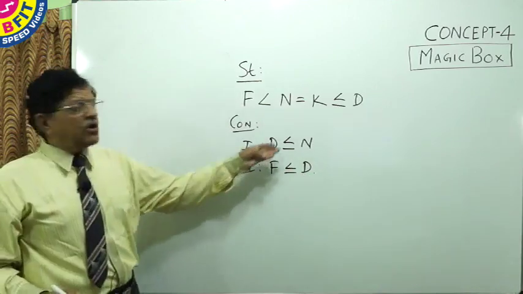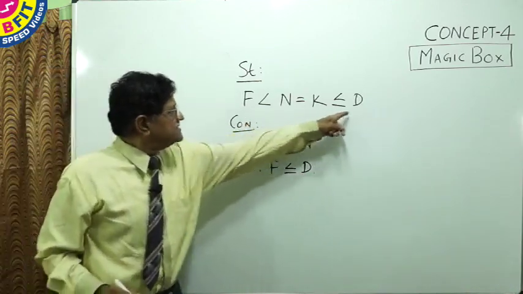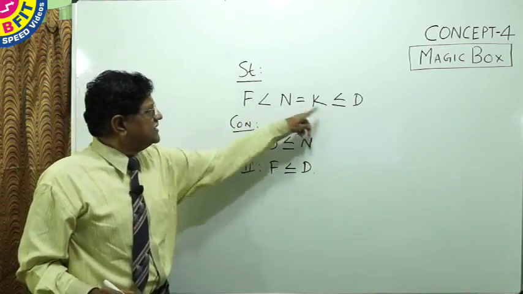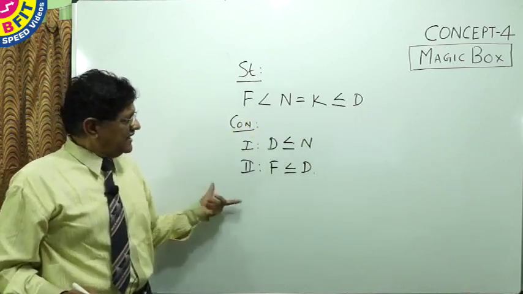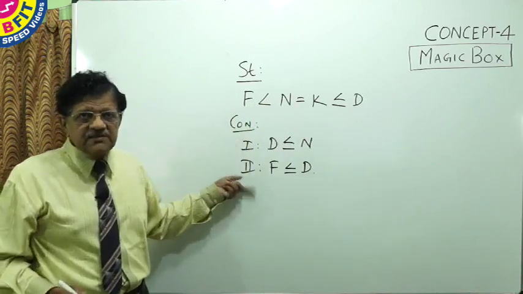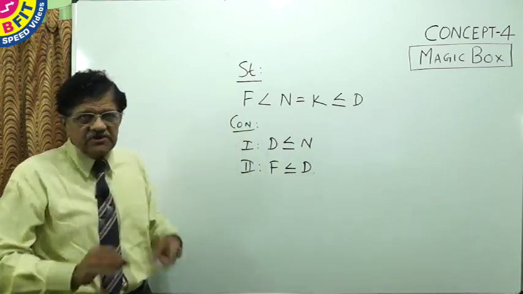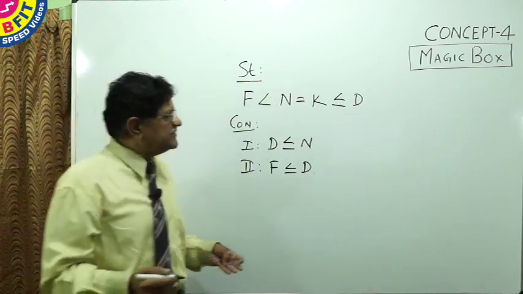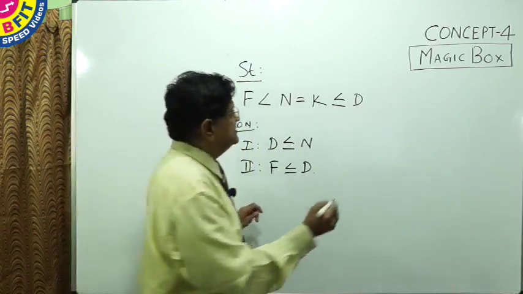Now straight away we know how to solve it. Where is D, where is N, what is the symbol in between, then we know how to solve it. But let us, for a change, use a magic box to solve this simple problem which we already know how to solve, so that from the known to the unknown we can jump easily. Now what is the magic box?